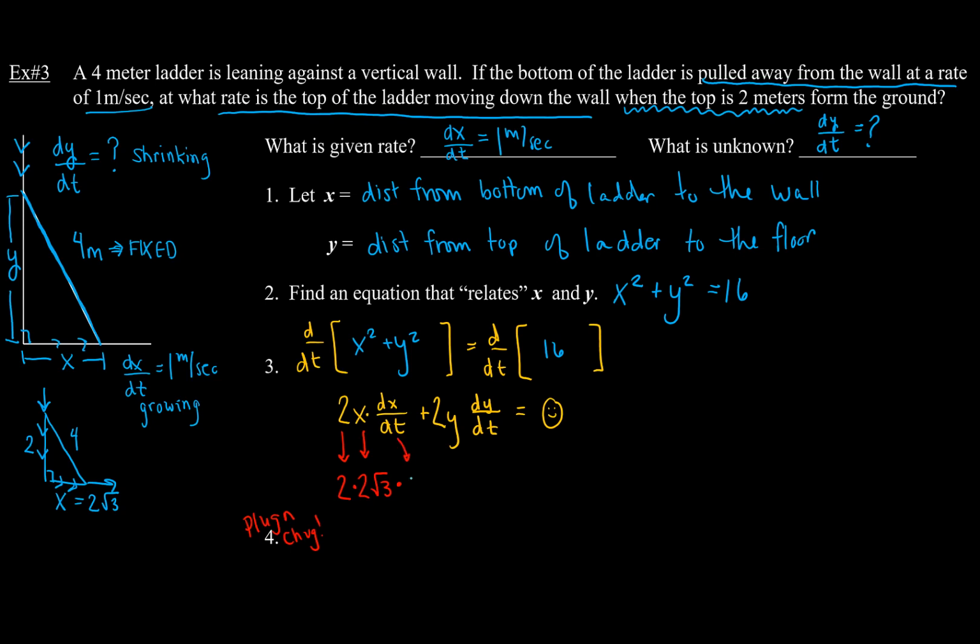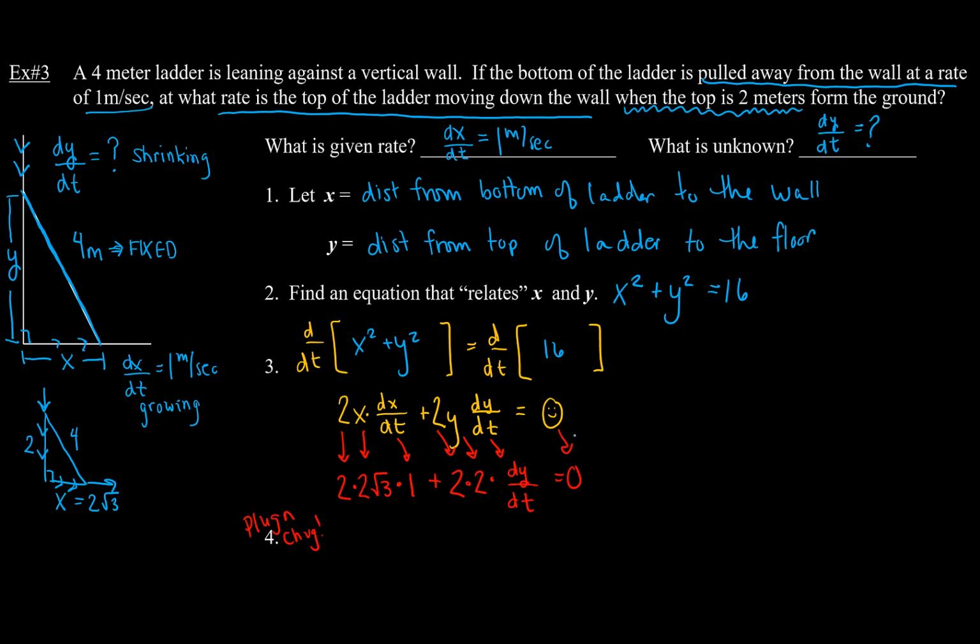That's 1. Next, I'm going to plug in my values for y. So I've got the 2 here. They told me the top is 2 meters from the ground, so I'm going to have 2 meters here. And then dy/dt, that's what I don't know. And then my 0 just goes along for the ride.